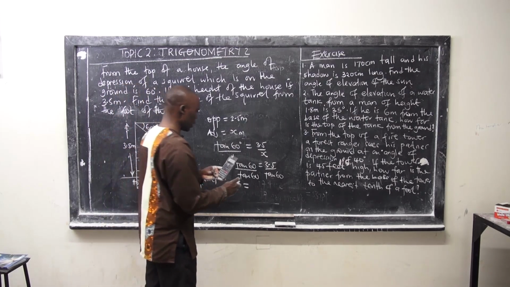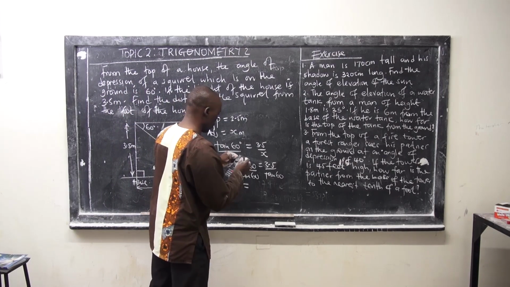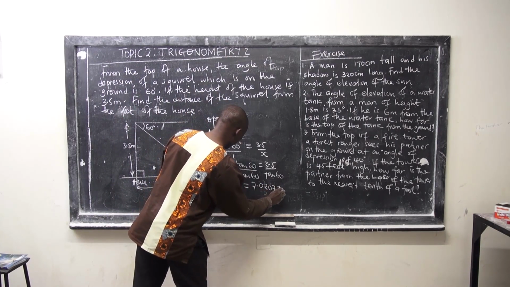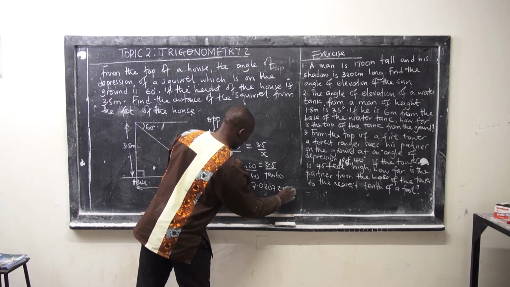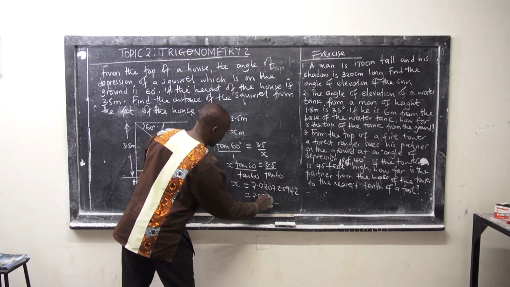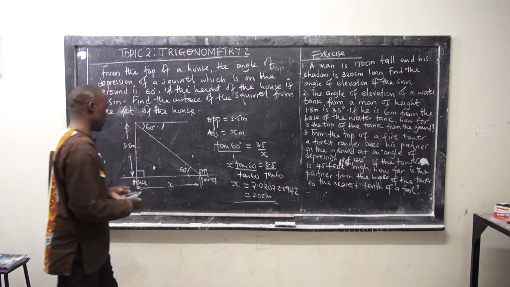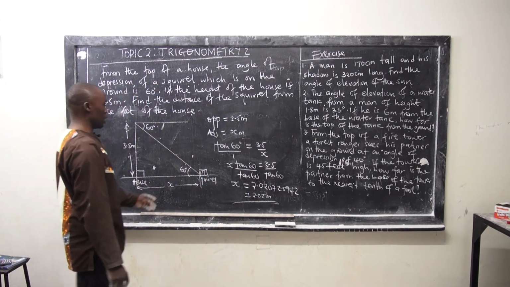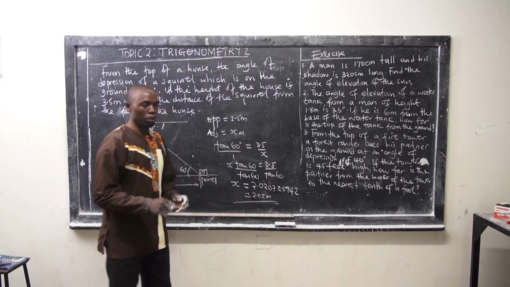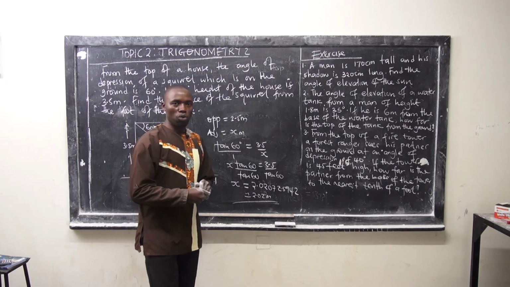So it's giving us 2.020725942, which of course roughly can be 2.02 meters. So that's the distance. So you will conclude and say the distance of the squirrel from the foot of the house is 2.02 meters.